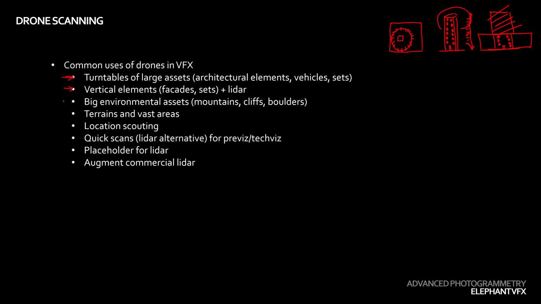Here I wrote big environmental assets, and those would be mountains, cliffs, boulders, and these big environmental assets are usually a combination of turntables and vertical elements. Sometimes in nature, you might have a huge rock or a huge boulder or even a big mountain that is kind of isolated, so you can do a 360 around it. So then it would be the same principles as turntable.